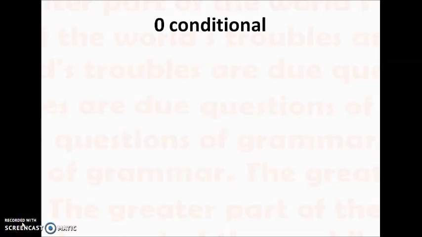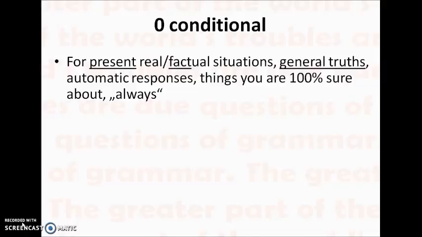Zero conditional is used for talking in the present about real factual situations, about general truths, automatic responses, things you are 100% sure about, or things that happen always or usually.